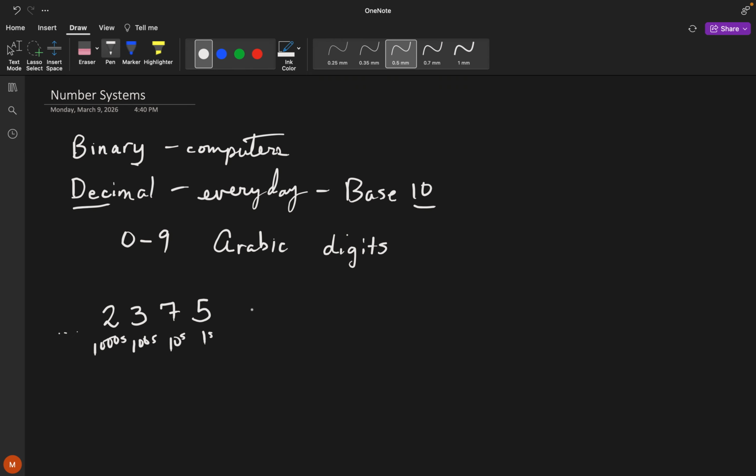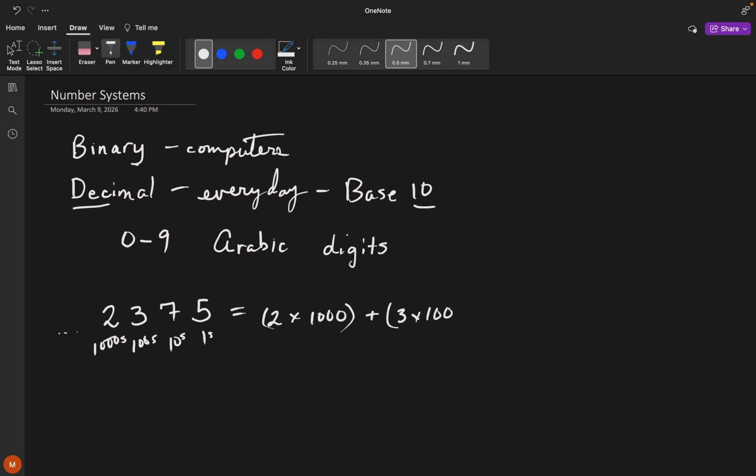You may have also had to do what's called a place value expansion. So that's to break down the value of this number based on each individual digit. So what we would do is multiply the digit in each place by the place value that it's in. So this first one would be 2 times 1,000. And then we would add that to the same operation in each place value. So this is 3 times 100.